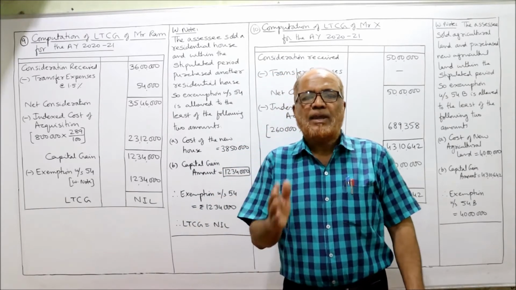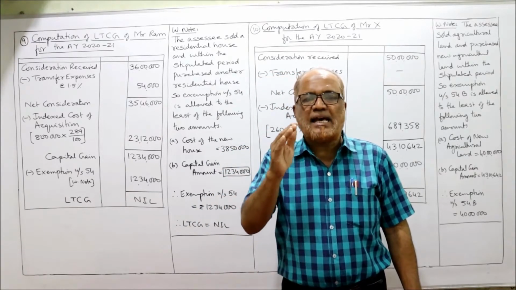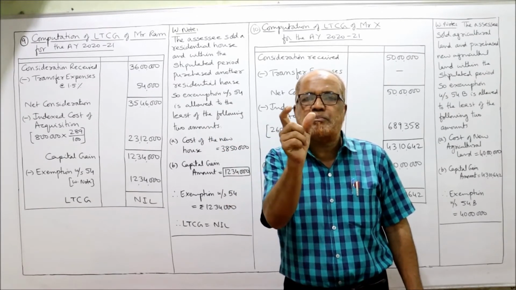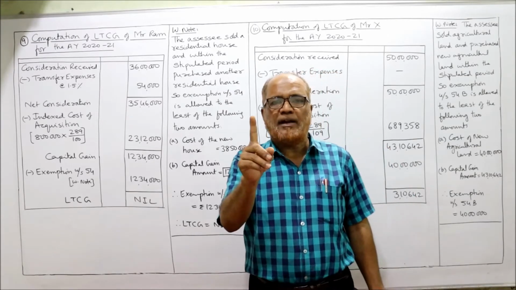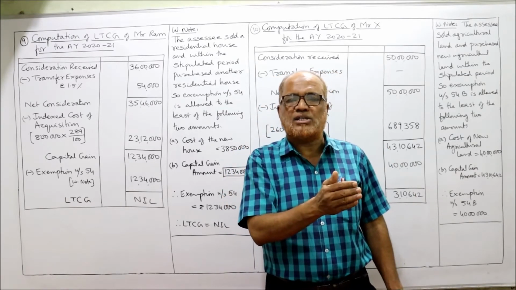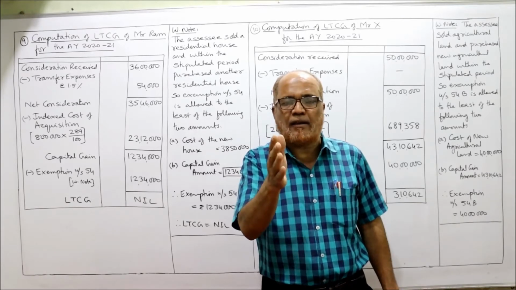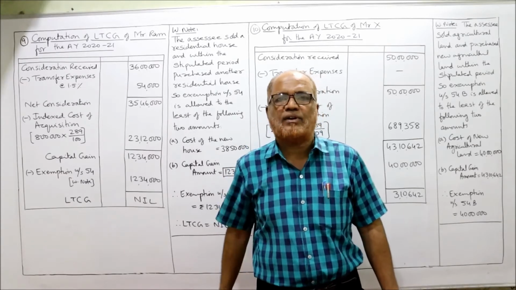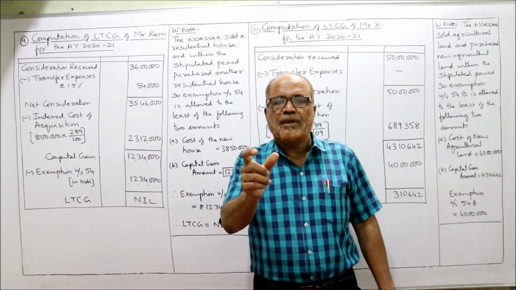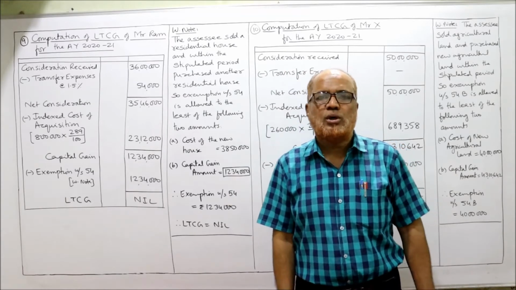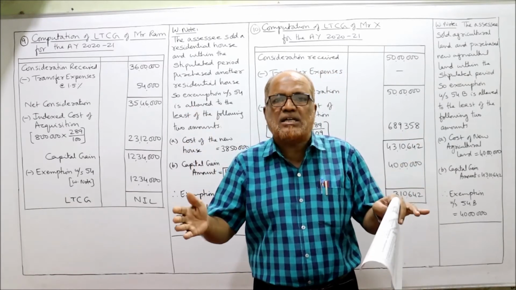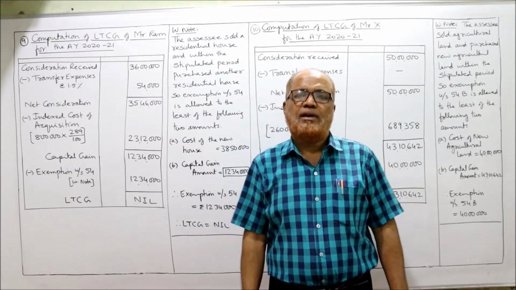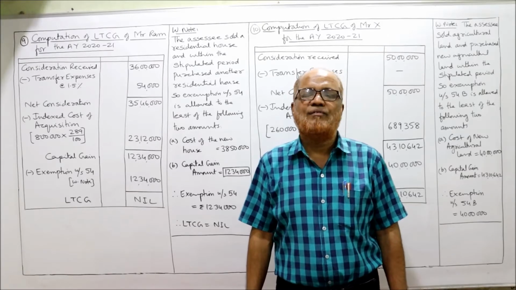Income Tax Act says, if an assessee sells a residential house and purchases a residential house within a stipulated period, the stipulated period is 1 year before the date of transfer or 2 years after the date of transfer. Within this period, if an assessee has purchased a new house or if he is constructing a house within 3 years from the date of transfer, he will get exemption under section 54.